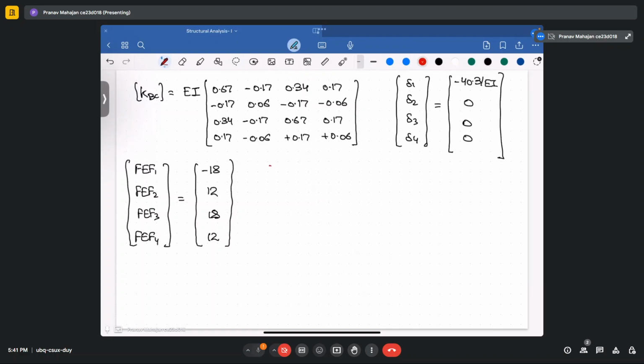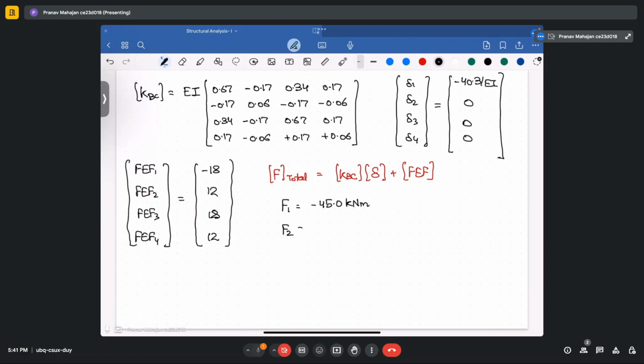Again, F total will be equal to KBC into delta plus FEF. And by that, you will get the values. I am writing directly the F1, F2, F3, F4 values. Okay. So that is coming out to be minus 45.0 kilonewton meter.